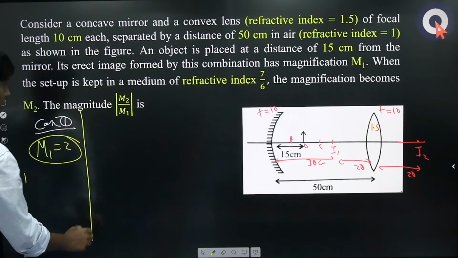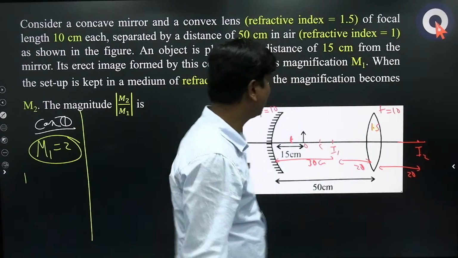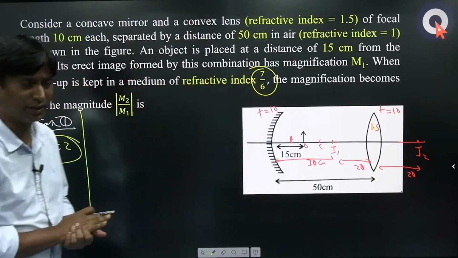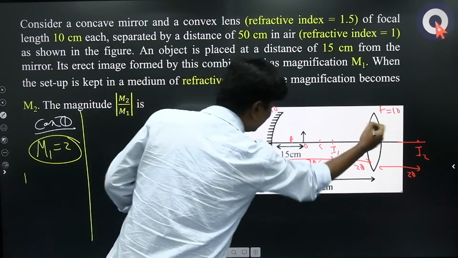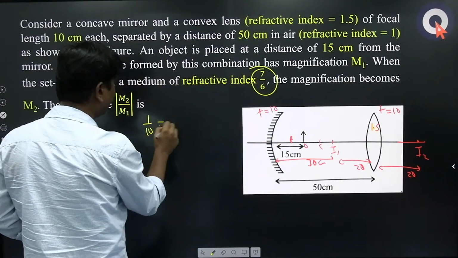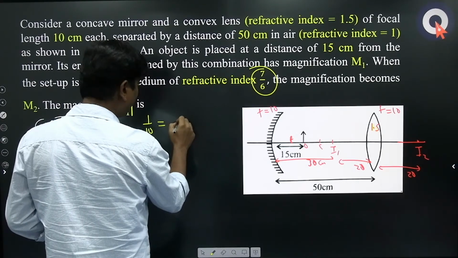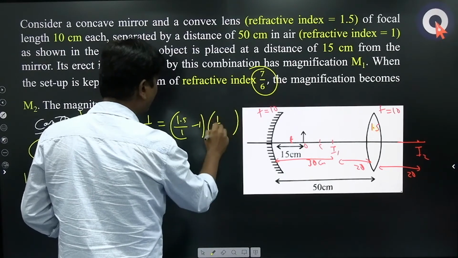That's all. What about M2? M2 means you are keeping the complete lens in another medium whose refractive index is 7 by 6. Let us try to find out the focal length. So how do you find the focal length for that? First, for air, what is the focal length when it is in air? 10. So 1 by 10, focal length in air, is equal to 1.5 by 1 minus 1 into 1 by R1 minus 1 by R2.